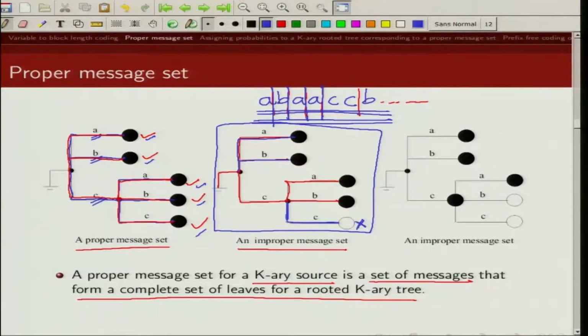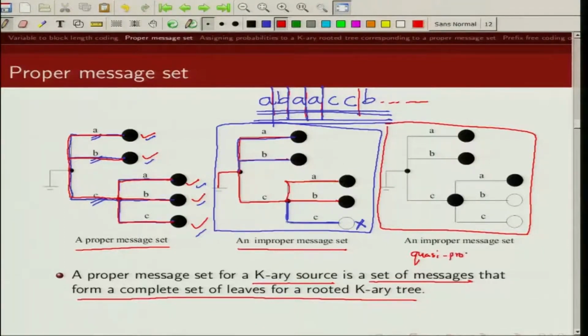Now I want you to look at another type of improper message set, sometimes known as a quasi proper message set. Note here also we are not using these two leaves of the k-ary rooted tree, but this can be used for message parsing. How?